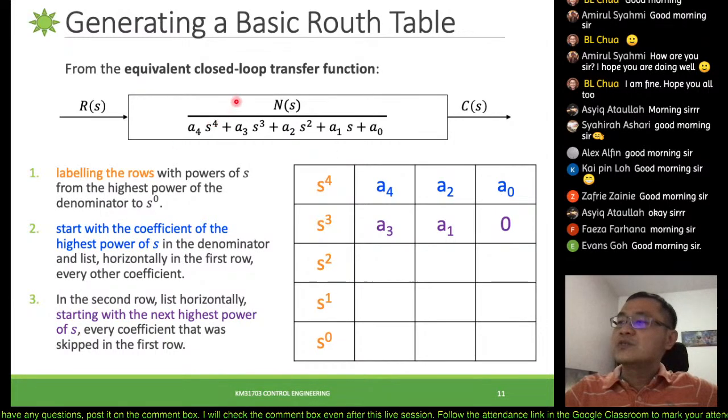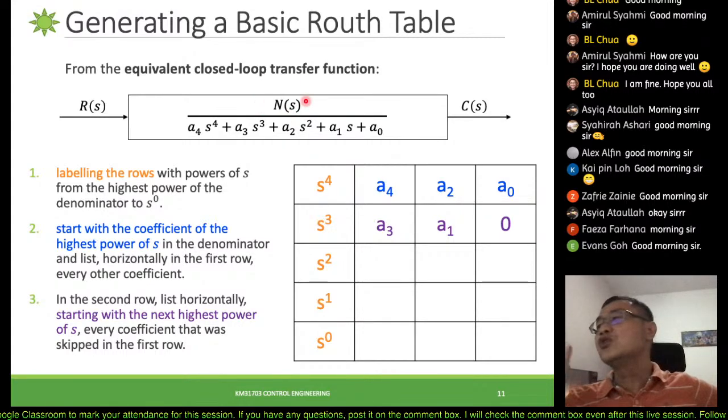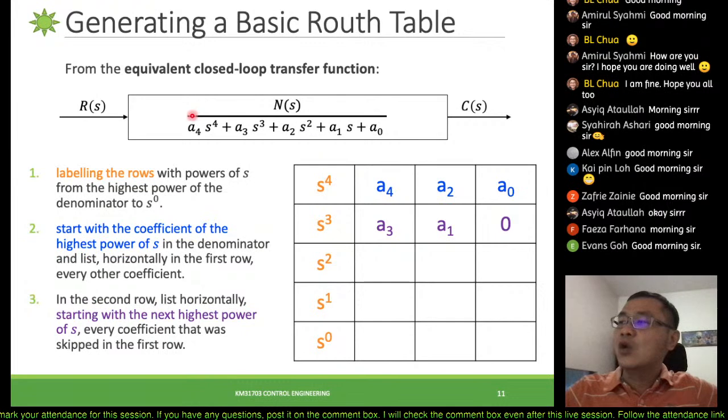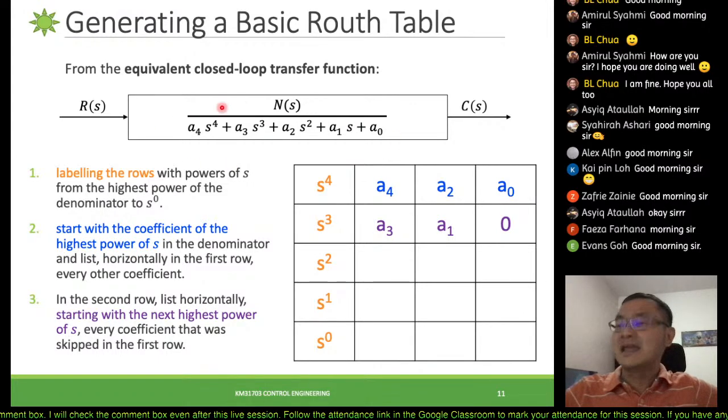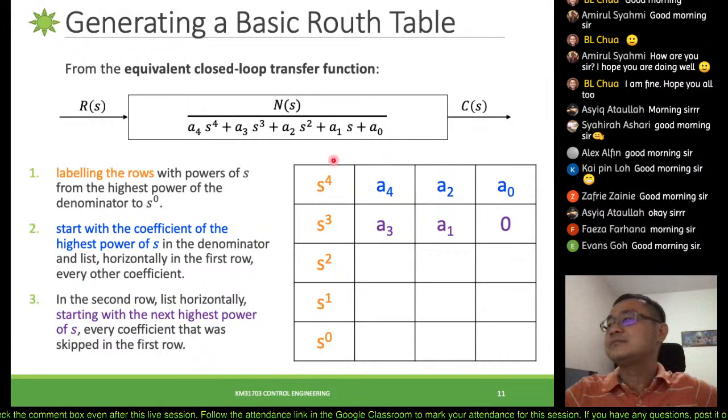Once we have this, what we do is check the highest power or highest order on the denominator. The main poles are always on the denominator. The upper side is zeros, remember? So we only take the lower polynomial, and this lower polynomial is our analysis focus.